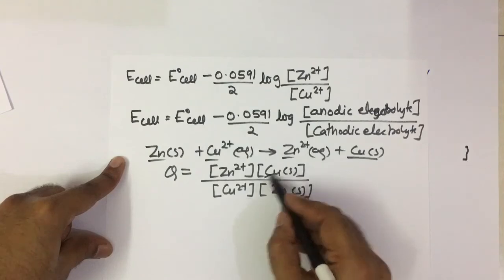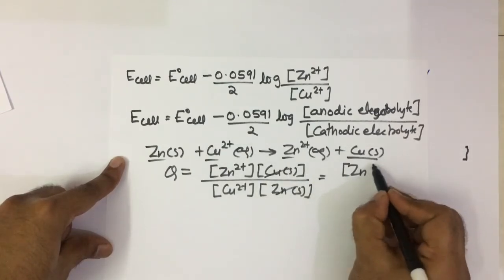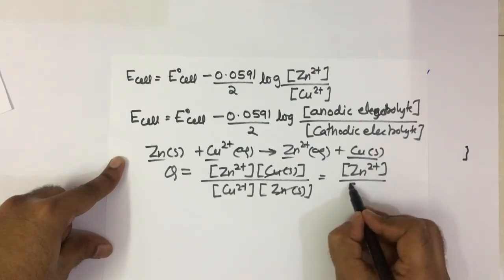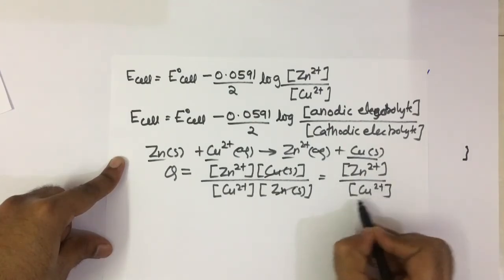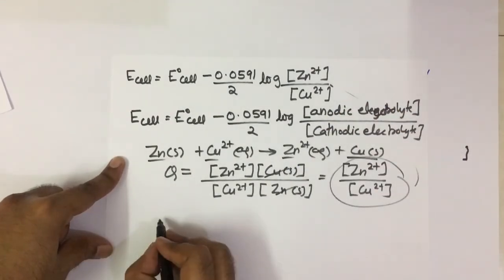Now the concentration of a pure solid is taken as unity, so we get Zn2+ upon Cu2+, this is equal to Q. Substituting this value over here, we get the expression for the Nernst equation.